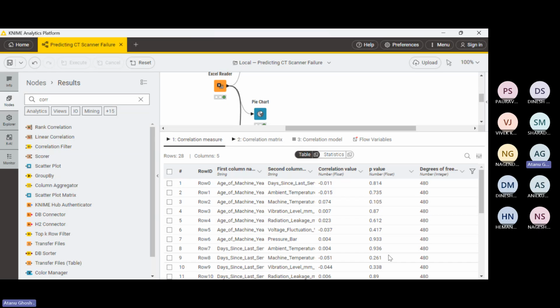The null hypothesis is that... anybody? What is the null hypothesis here? In simple terms, actually, a null hypothesis you have to frame where something is equal to something. But in simple terms, what is the null hypothesis here?